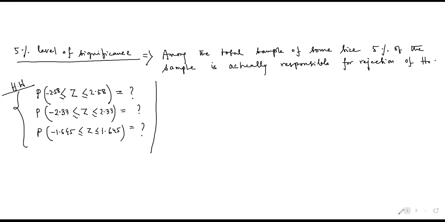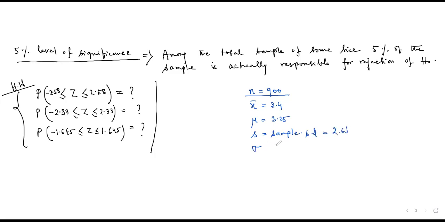Now, in the previous session we did a problem where the sample size was 900 and the sample mean X bar was 3.4. Population mean mu was 3.25. Sample standard deviation S was 2.61.